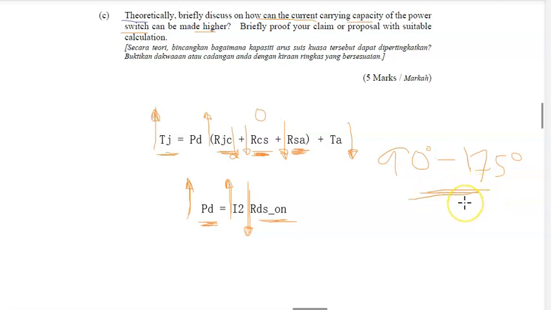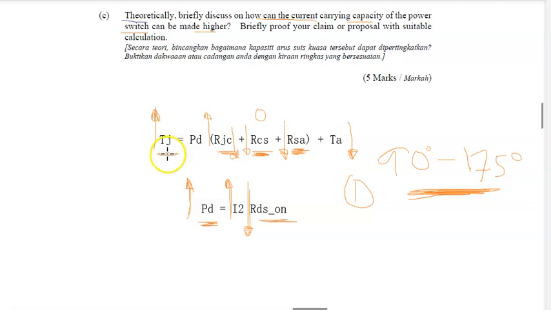So can we mention any option such that you suggest allowing Tj to increase further from 90 to certain values, but not to reach the limit of 175. So this is one of the options: one, by allowing an increment of Tj. How do you prove that?